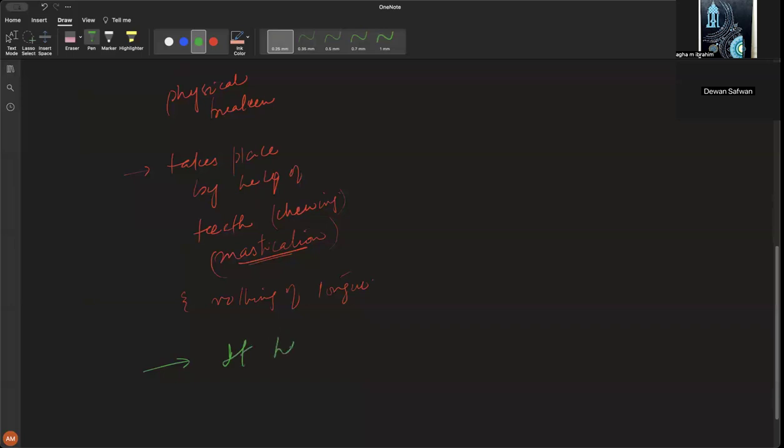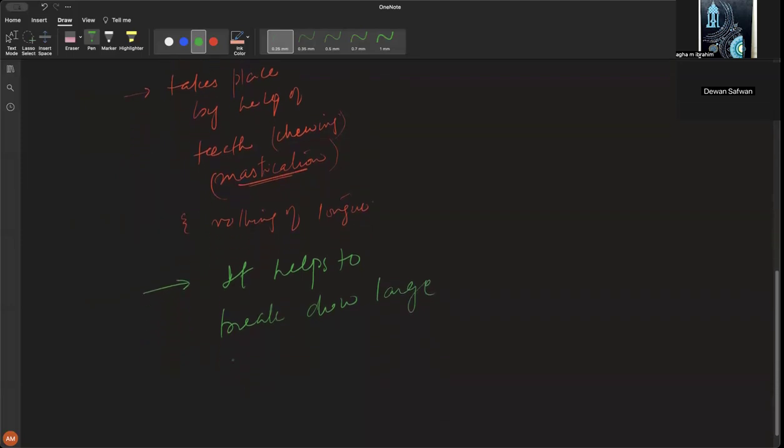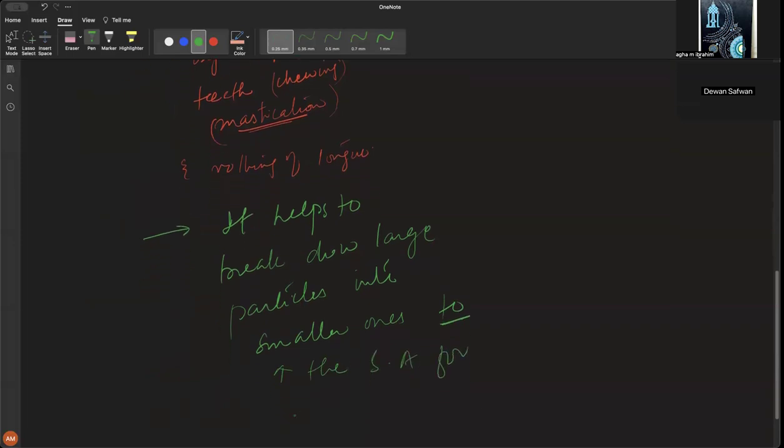It helps to break down large food particles into smaller ones to increase the surface area for enzyme activity.